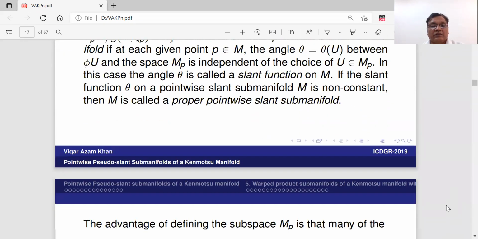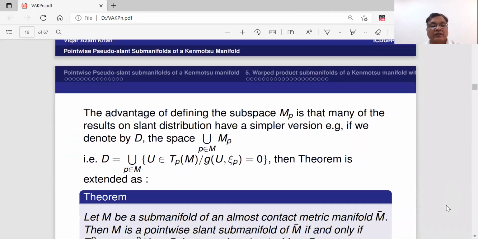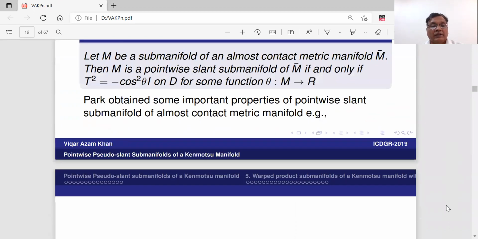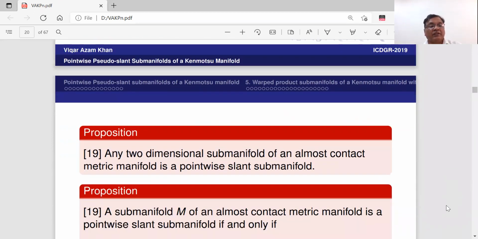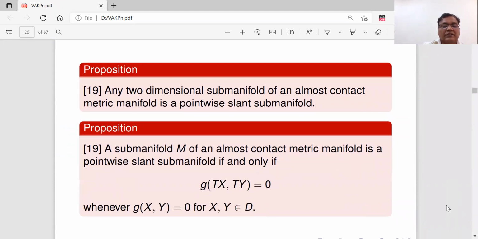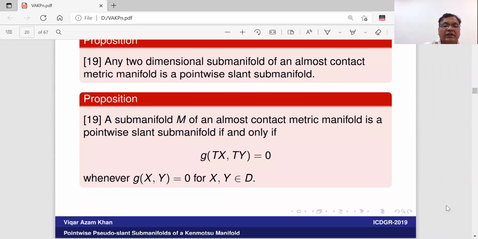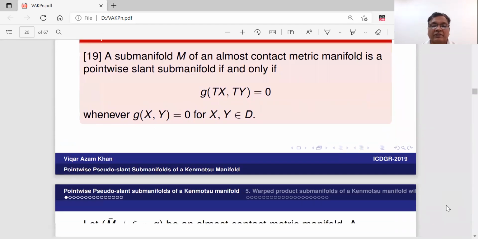So this is one of the ways that K.S. Park has dealt with pointwise slant submanifolds. All right. Now we start with examples. Any two-dimensional submanifold of an almost contact metric manifold is a pointwise slant submanifold. We also observe that the product of TX and TY is zero if and only if X and Y are orthogonal to each other. These are some easy observations on a slant submanifold, as well as a pointwise slant submanifold.